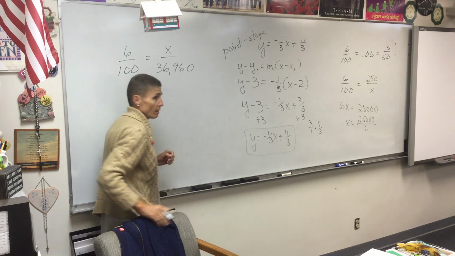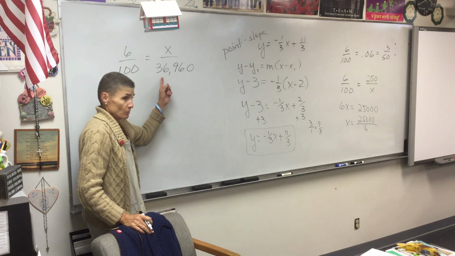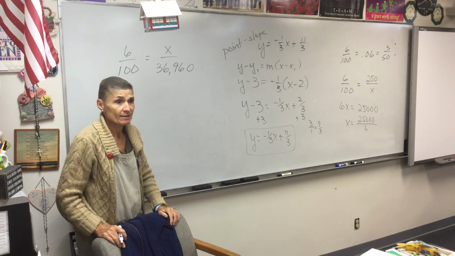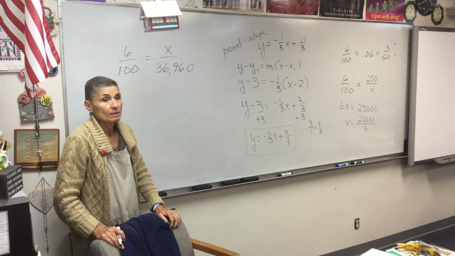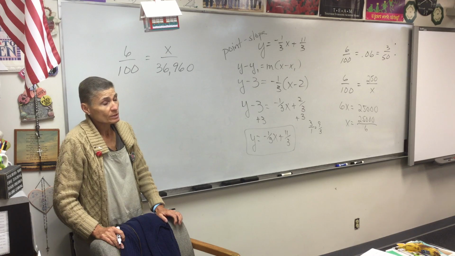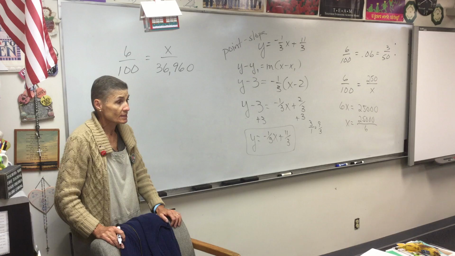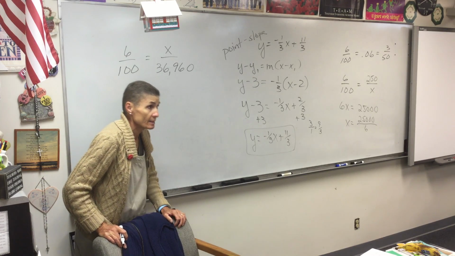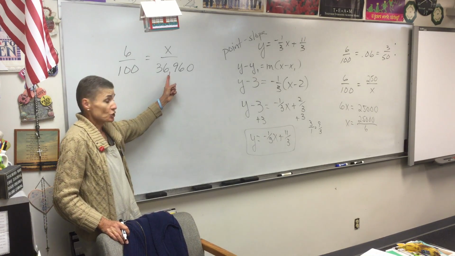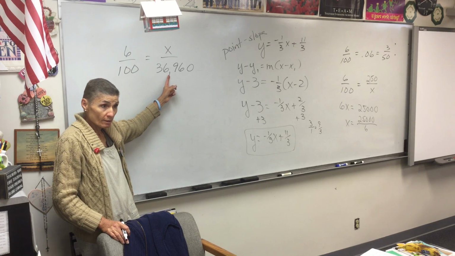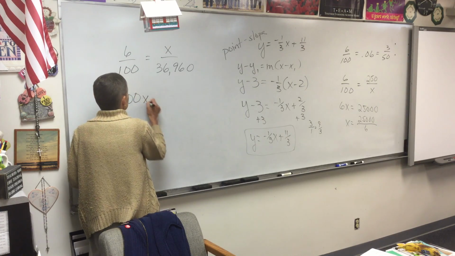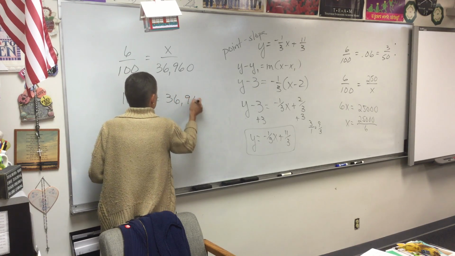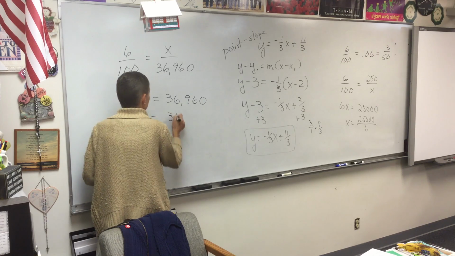Okay, now I read the problem and I didn't see 36,960 in there anywhere. Where did that come from? It's 7 times the amount of feet in a mile. The problem was given in miles, right? It said your horizontal is 7 miles, but the question is feet. So she changed that into feet so that when she cross multiplies and divides, her answer will come out in the right unit.